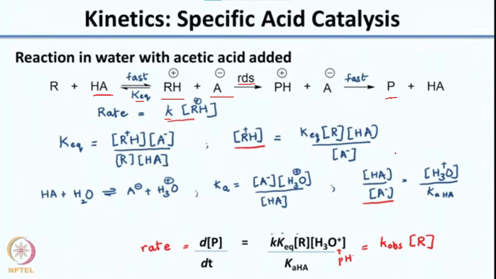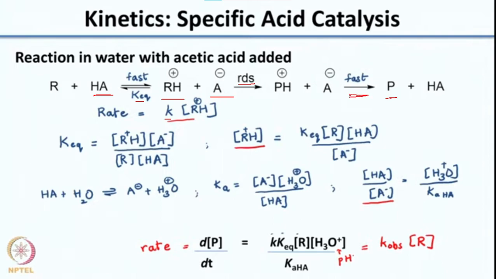Now talking about the RH value, we will rearrange this equation to get the RH value, and we will substitute this value in the rate equation, right? Now we know K, we also have to find the Ka value, which is for this reaction.